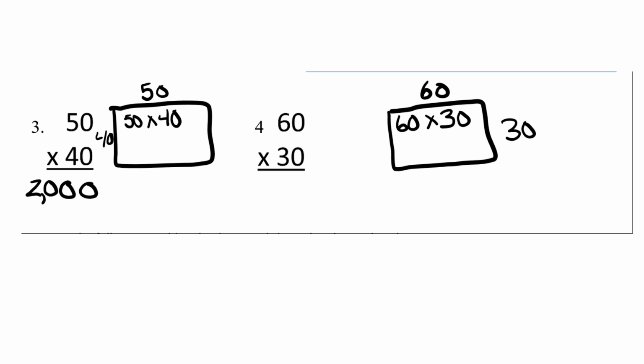And if all I think about is 6 times 3, that makes this problem a little easier because I know 6 times 3 is 18. Then if I look at how many zeros are in this problem, I have 1, 2, and I can add that to my answer. I know 60 times 30 is 1,800.